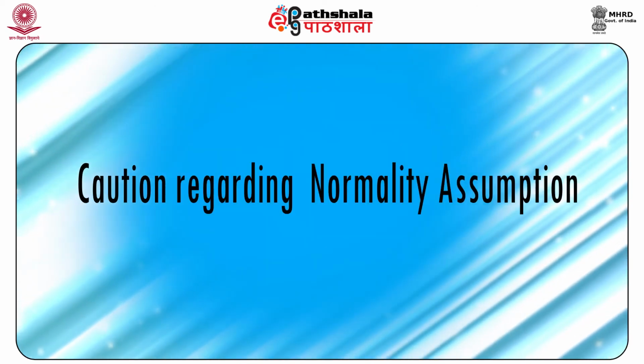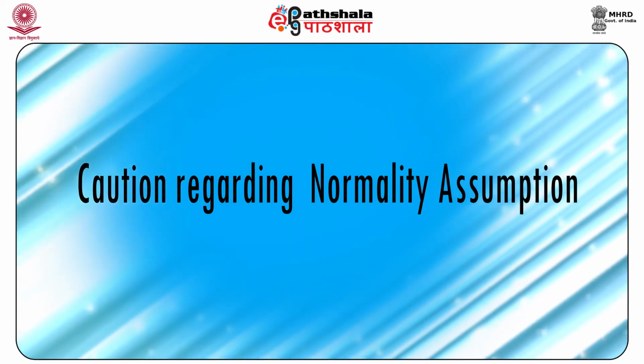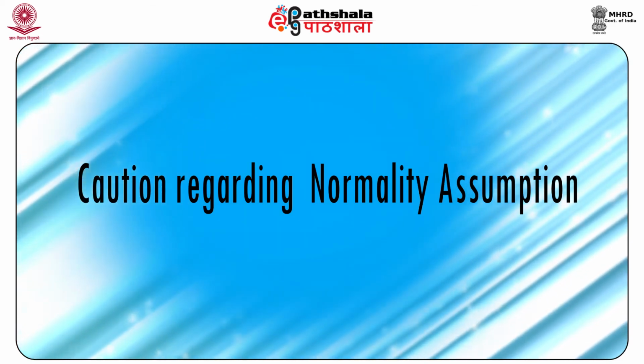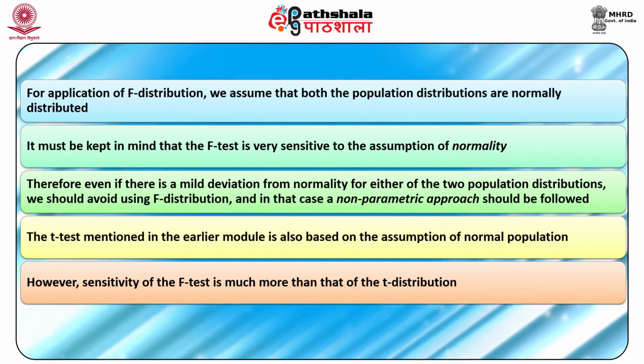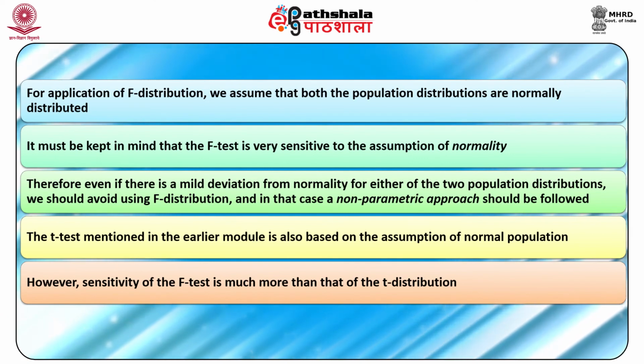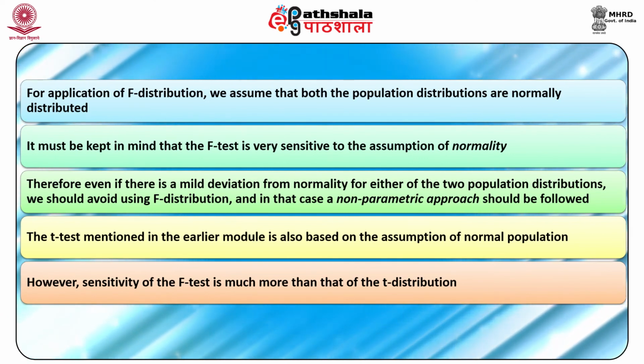Let us now discuss the caution regarding the normality assumption in our section 4.3. For application of the F distribution, we assume that both the population distributions are normally distributed. Now here it must be kept in mind that the F test is very sensitive to the assumption of normality.